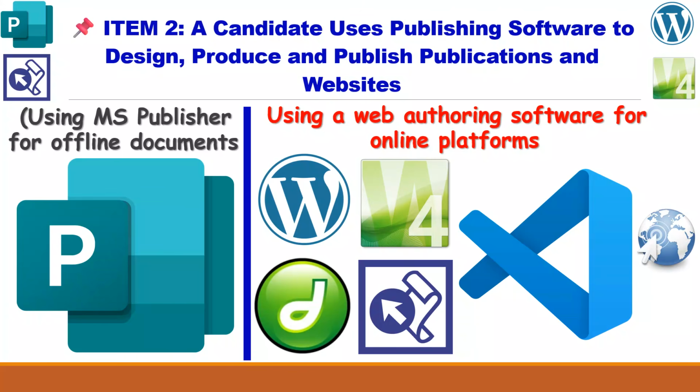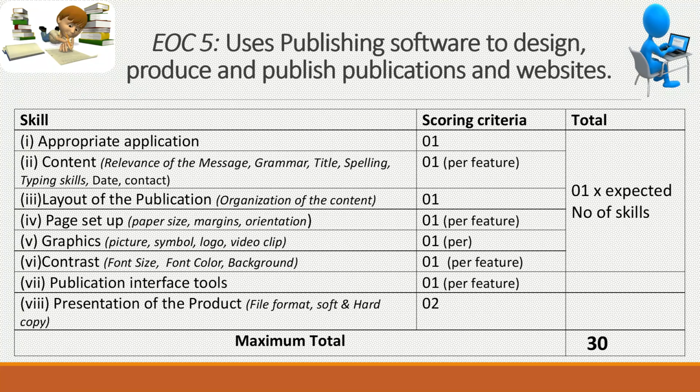Now, when you are attempting item 2, whether an offline document or an online platform, depending on the task, there are skills we are looking out for. Have you used an appropriate application?